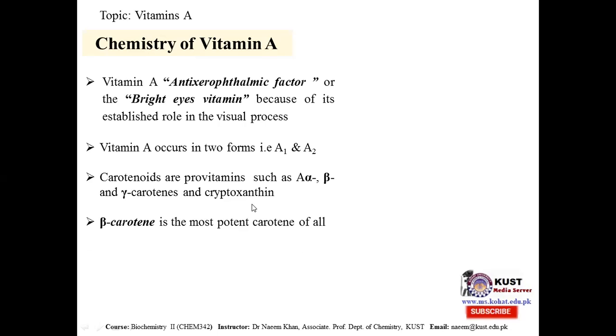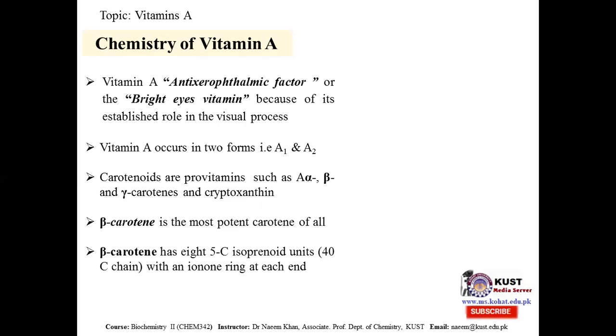Beta carotenoid is the most potent carotene of all, and this is the one usually taken in the raw form as provitamin in the food. Beta carotenoid structure is made up of eight 5-carbon isoprenoid units, totally making a 40 carbon chain, and the 40 carbon chain has a beta ionone ring at each end.